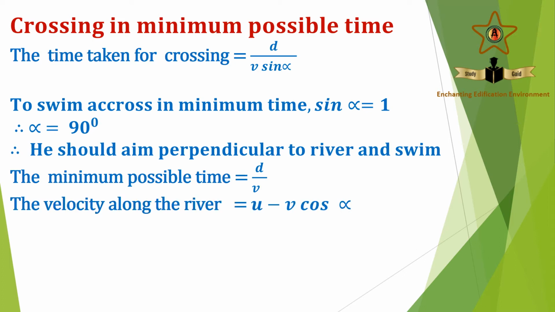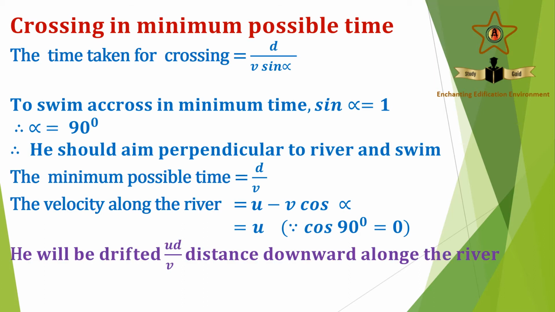The velocity along the river is u minus v cos alpha. Since alpha is 90, cos alpha is 0. So the velocity along the river at this time is u. So he will be drifted u into d over v distance downward along the river.